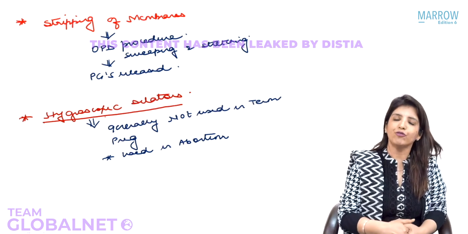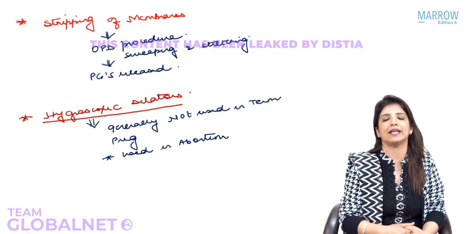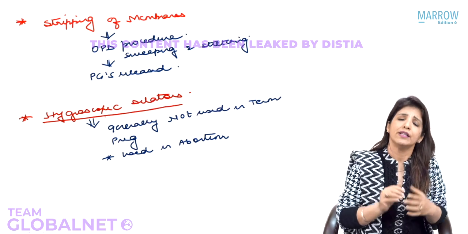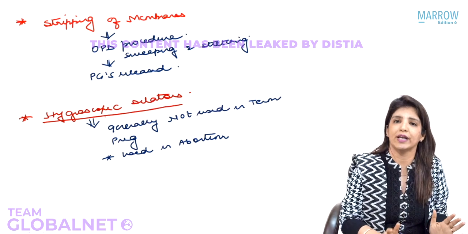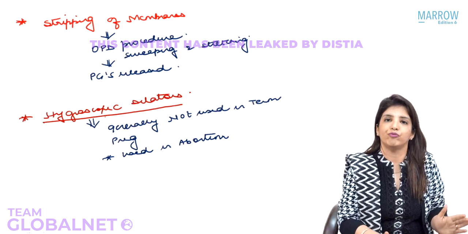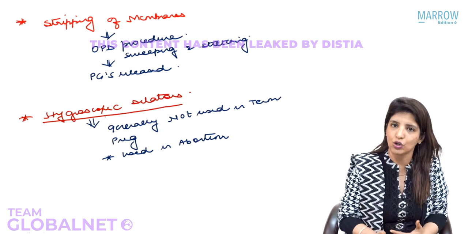Apart from that, you can use hygroscopic dilators. Hygroscopic dilators are better used for bringing about abortions. They are not generally used for induction of labor. So in mechanical methods, we have Foley's catheter for induction of labor.